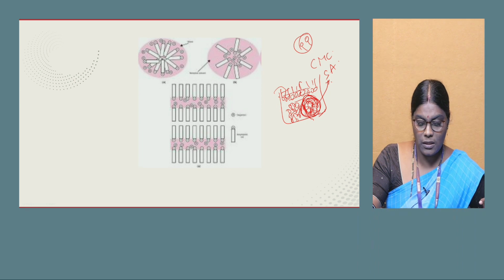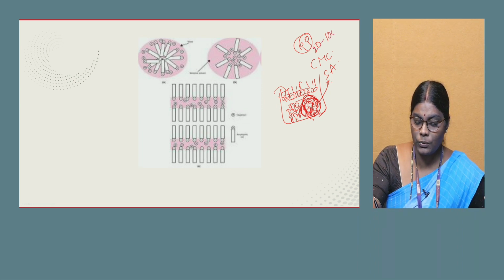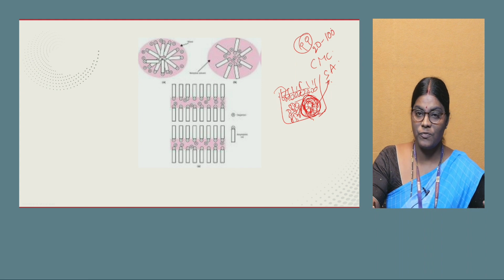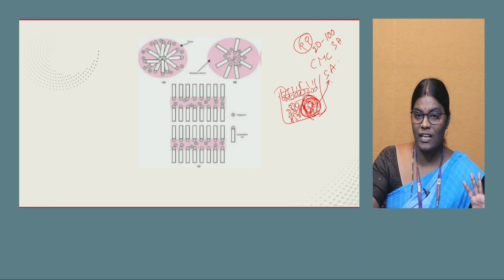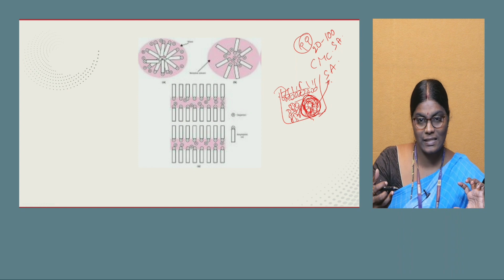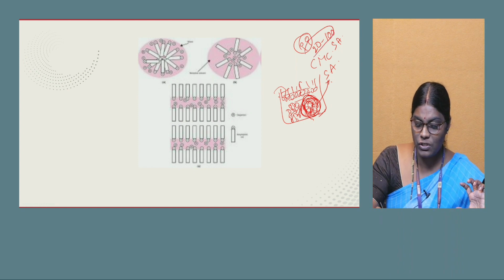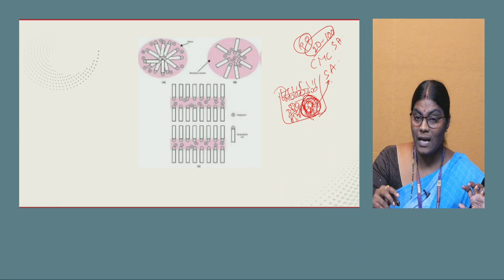No. This micellar structure will contain around 20 to 100 or 20 to 150 surfactant molecules associating together and forming a cluster-like structure, that is, micelles. So because of the formation of micelles, these surfactants act as association colloids.